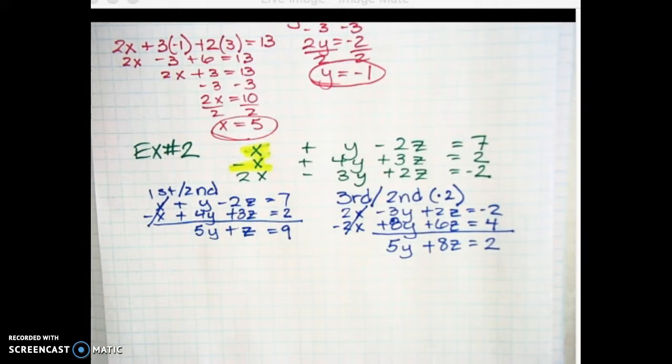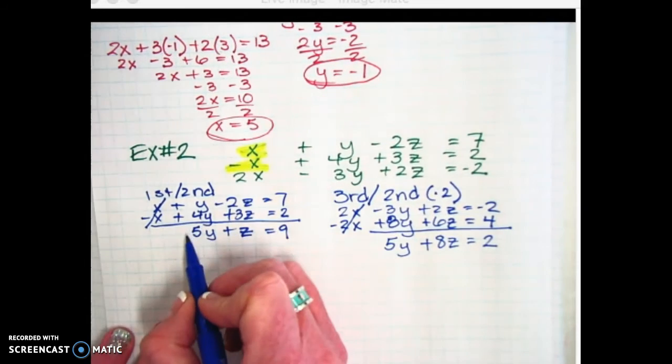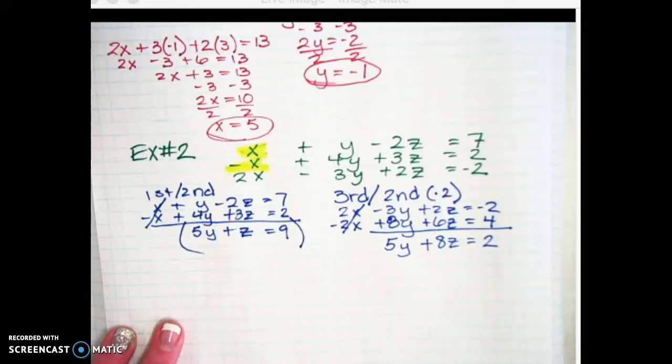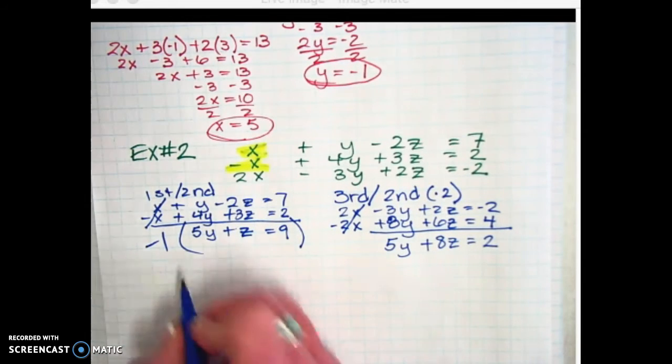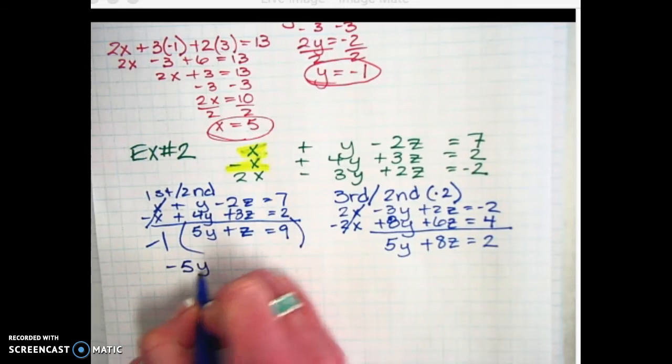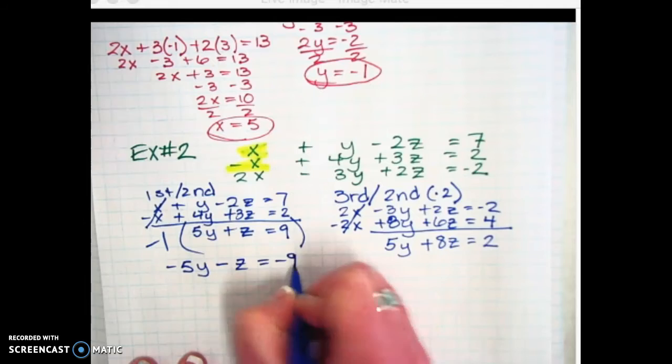And you need opposites again. So which variable would be easiest to get opposites at this point? The y, probably, because see how they're both 5y and 5y? The 5y and the 5y. So if I just take this one and multiply it by what? Negative 1. Then I'm going to have opposites. So this is going to be negative 5y minus z equals negative 9.